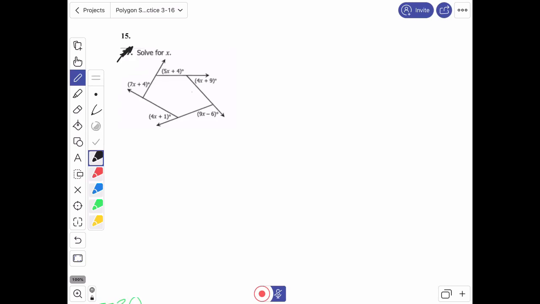So 15, we're solving for x. Now, all of these angles that I'm dealing with now are what we call exterior angles. They're the angles outside of the polygon. So the sum of the exterior angles is always 360 degrees.